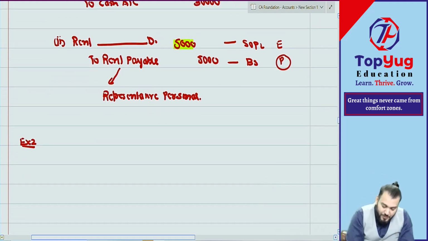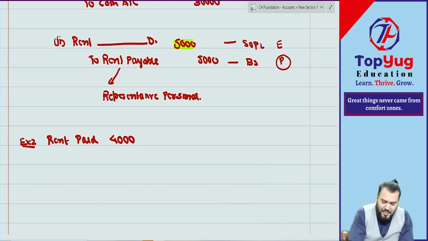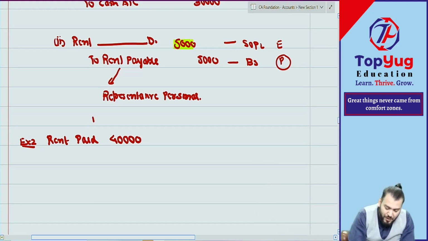Let's see how you are applying your common sense. Rent paid 40,000, in the same financial year. What was our financial year? 2021.